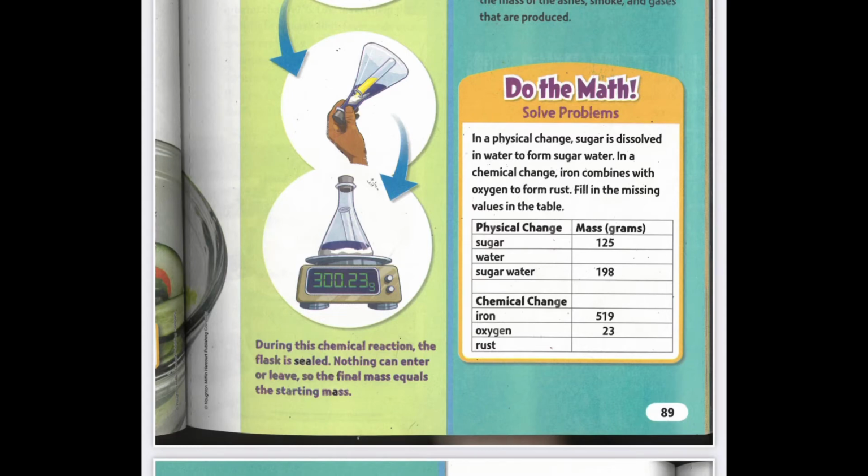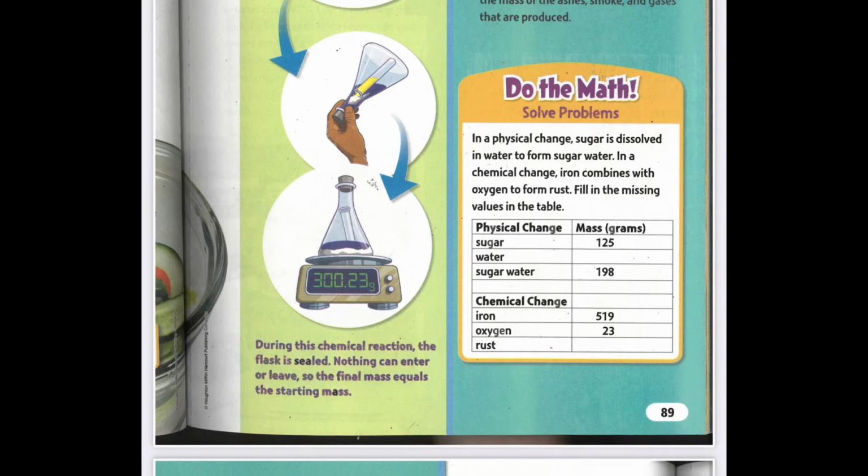When wood burns, it combines with oxygen from the air. Burning produces ashes, smoke, and other gases. The mass of the wood and oxygen equals the mass of ashes, smoke, and gases that are produced. So during this chemical reaction, the flask is sealed. Nothing can enter or leave. So the final mass equals the starting mass of 2,300 grams.